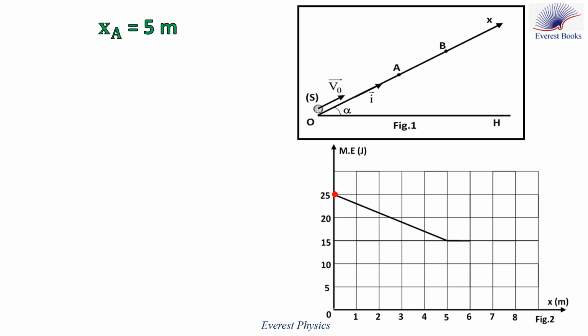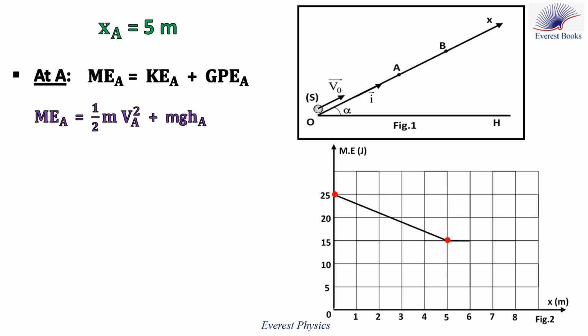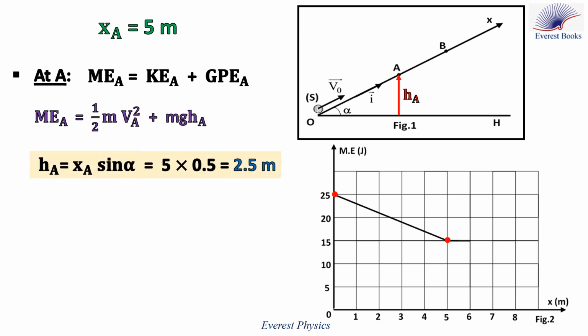Now, let's determine the mechanical energy at the point A. MEA equals KE at A plus GPE at A, which equals 1 half m vA squared plus m g hA. Look at figure 1. hA equals sine alpha times OA equals 5 times 0.5 equals 2.5 meters.